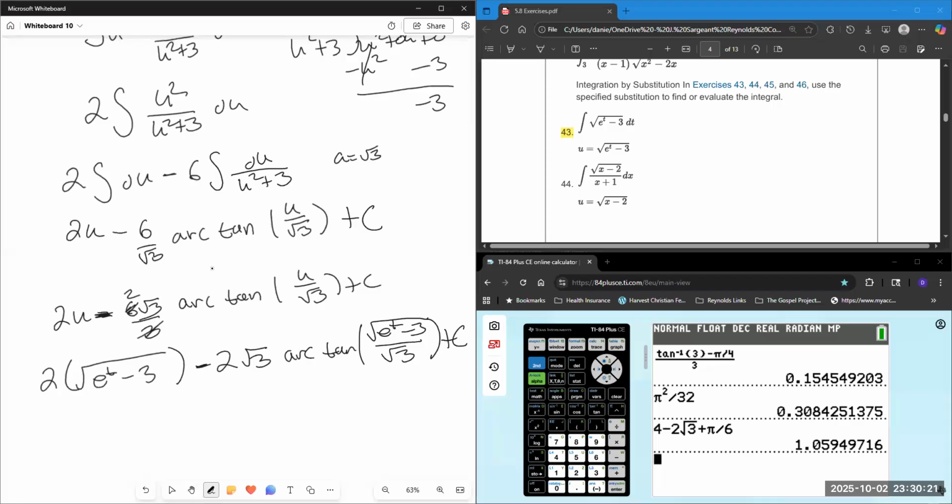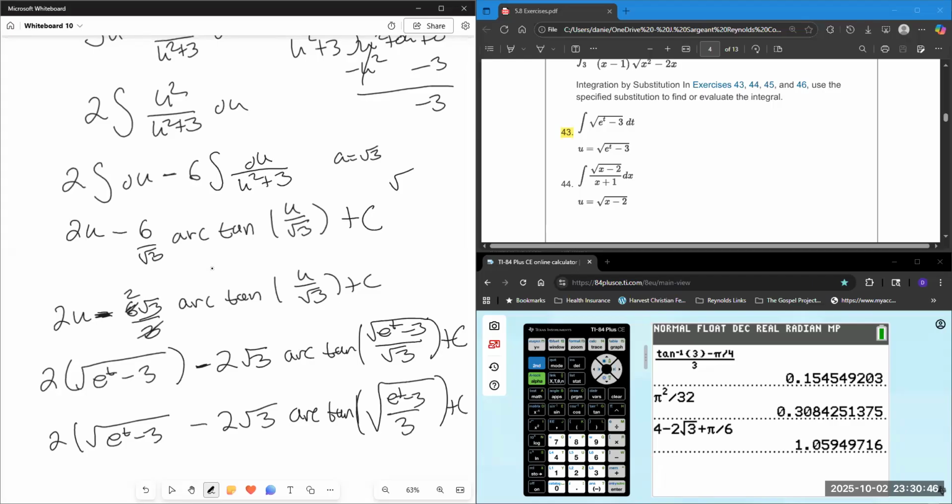I would have no problem, this is the way the book wrote it here. I would have no problem with you writing e to the t minus 3 minus 2 root 3 arctangent of, and then a big square root of e to the t minus 3 over 3 inside of the arctangent plus c, since square root of a over square root of b is equal to square root of a over b. I have no issue with that.